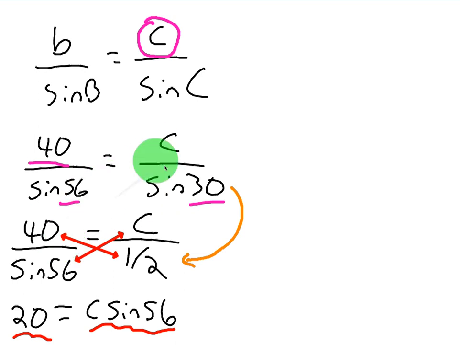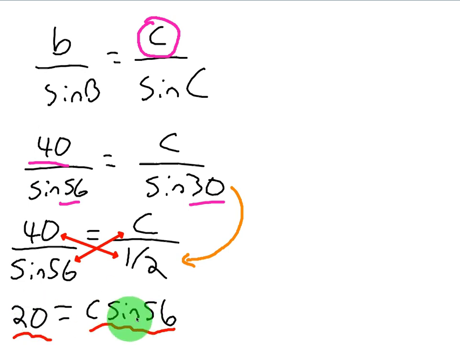Cross multiply, and you get c sine of 56 equals 20. Now, I used a little bit of unit circle knowledge. Sine of 30 is 1/2, right? It'll just make our computation easier. You could use your calculator, it's going to say 0.5. But anyway, when you cross multiply, 40 times 1/2 is 20. 20 equals c sine of 56.